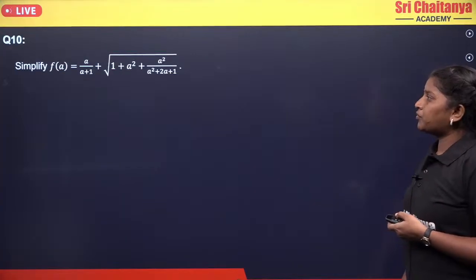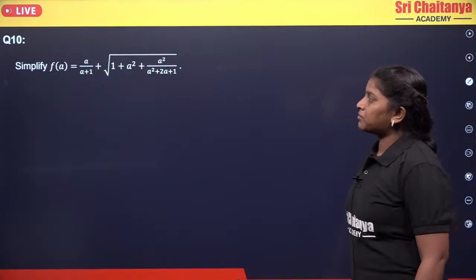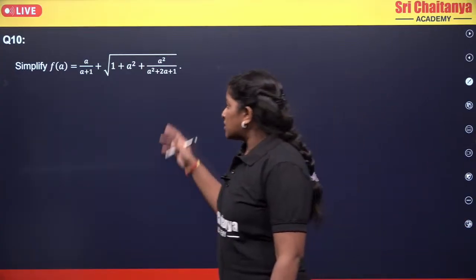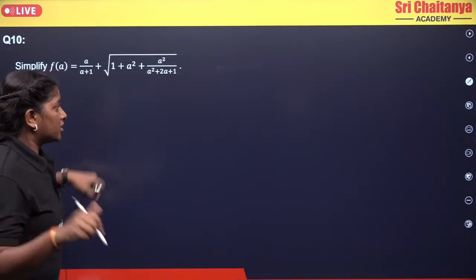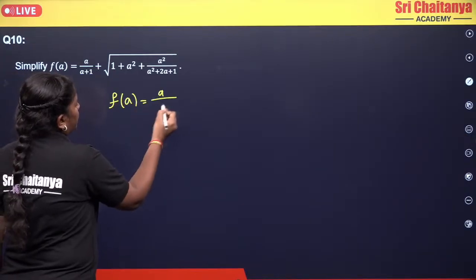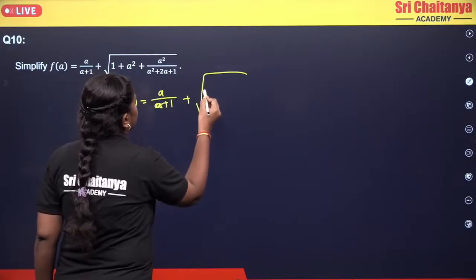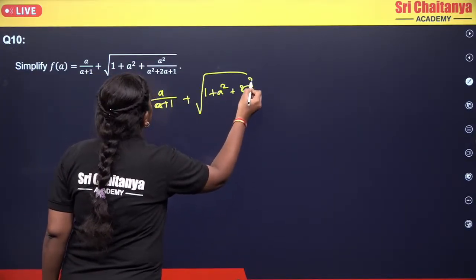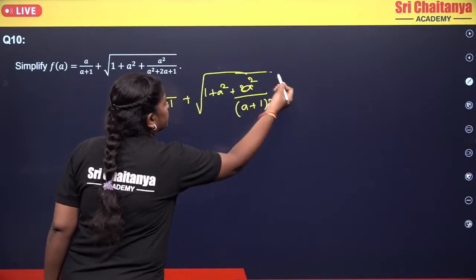Okay, now moving to the next: simplify a by (a + 1) plus root of 1 plus a square by (a square + 2a + 1). For your simplification you can make your denominator as (a + 1) whole square. So f of a equals a by (a + 1) plus root of (1 plus a square plus 2a) by... sorry, root of ((1 + a) square by (a + 1) whole square).